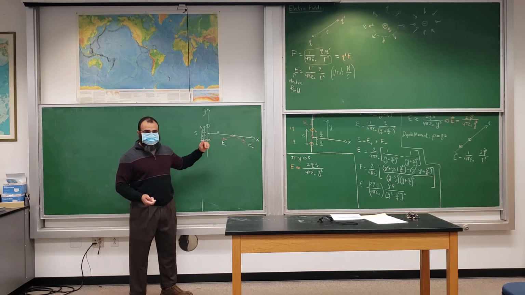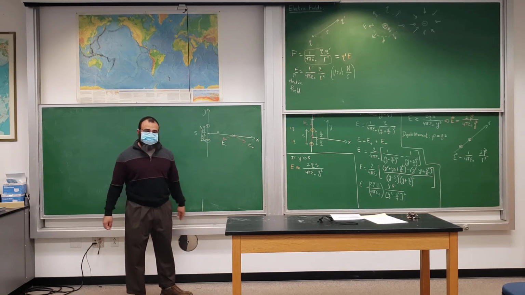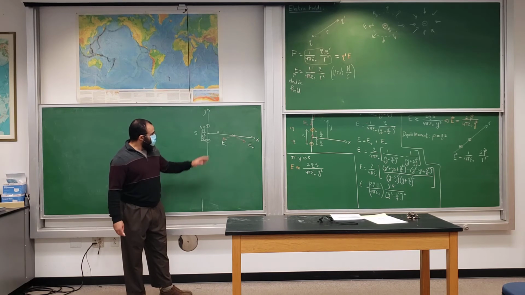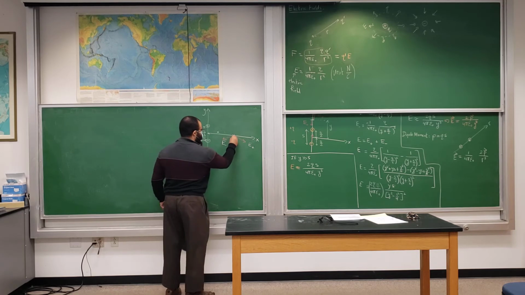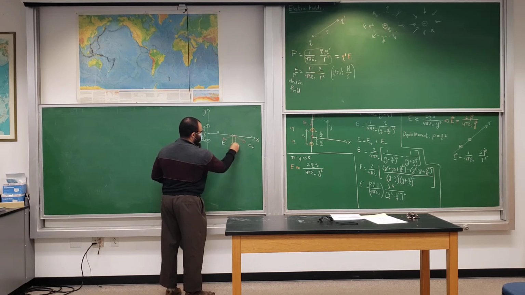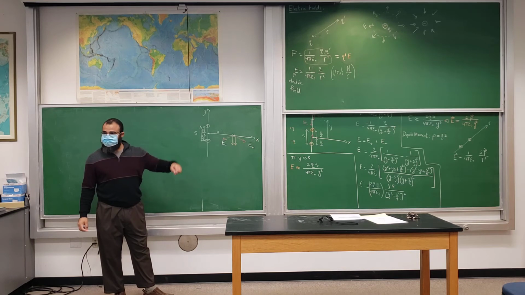One of them is plus, the other is minus, but both have a charge q in absolute value. So the x component cancels, and I just end up with an electric field that simply points this way. The net electric field will point down.